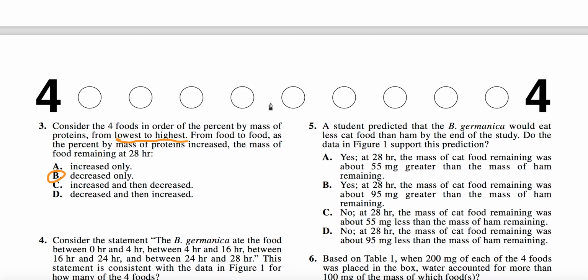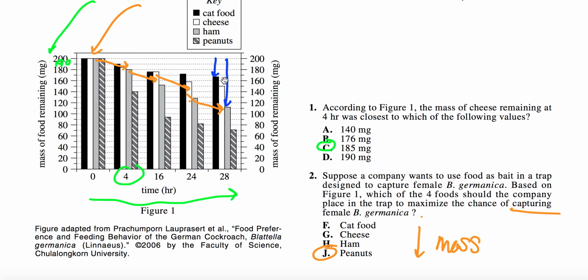So the answer is going to be yes, because it's true. The mass of cat food remaining was about 55 greater. So we want this difference.